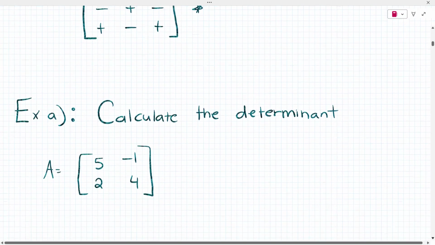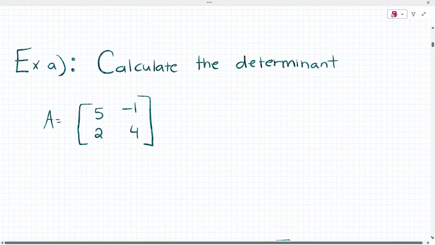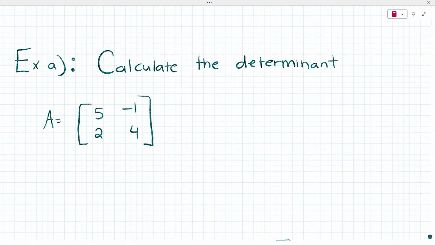Let's do a simple one. Example: calculate the determinant of this 2 by 2 matrix. The determinant of A is two straight lines, and then it's 5, 2, negative 1, 4. It's pretty easy for a 2 by 2, right?